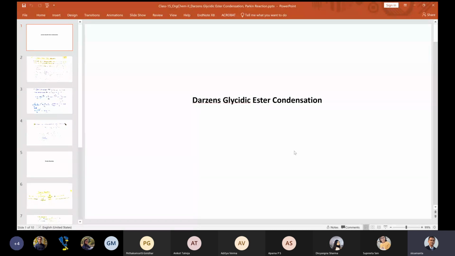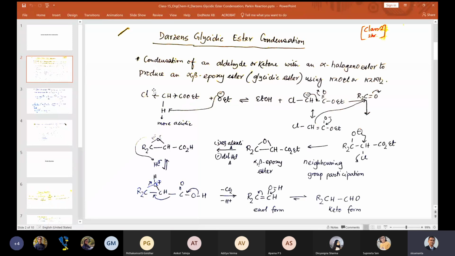Yesterday we saw that one, right? Darzens glycidic ester condensation also involves the ester, but in a little bit different way. What I'm trying to do here is connect the starting material for Darzens glycidic ester condensation with the previous one, the Claisen ester condensation, so that you can remember these reactions and understand them in a better way.